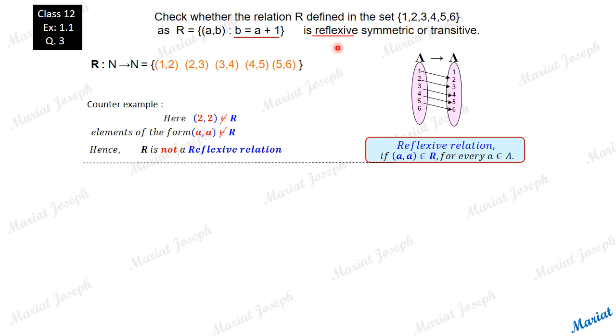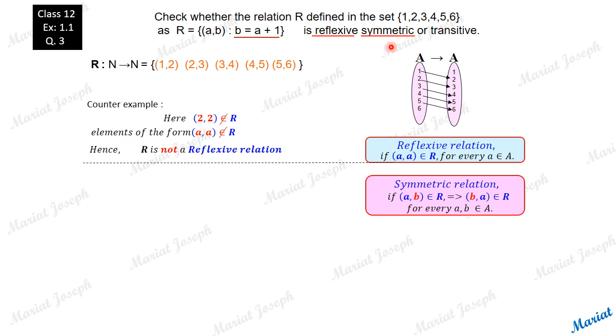Let's see if it is a symmetric relation. A relation in set A is called a symmetric relation if the pair (a, b) belonging to R implies the pair (b, a) also belongs to R. So let's go by checking one pair (a, b). Any pair you could take. I am taking (2, 3), which is present in the relation.